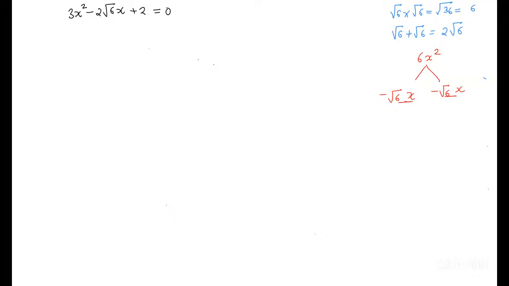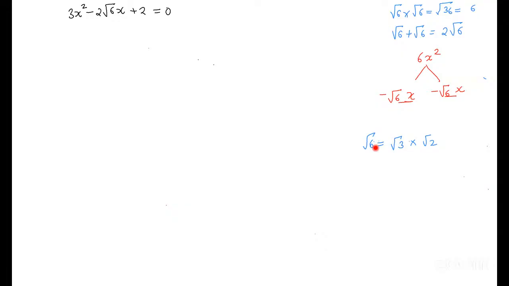Now, one more thing you should know: root 6 can be written as root 3 multiplied by root 2. I'm repeating again. Root 6 can be written as root 3 multiplied by root 2. Whatever the numbers in the roots, when you multiply them, they multiply: root 3 into 2 is root 6.